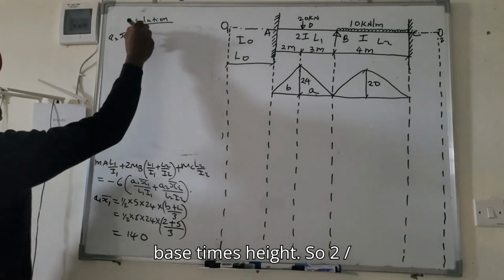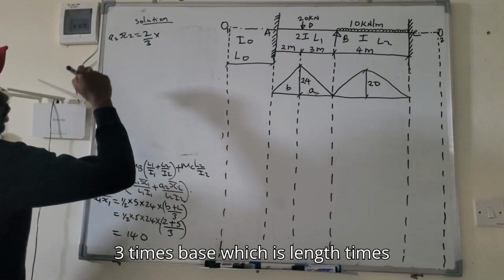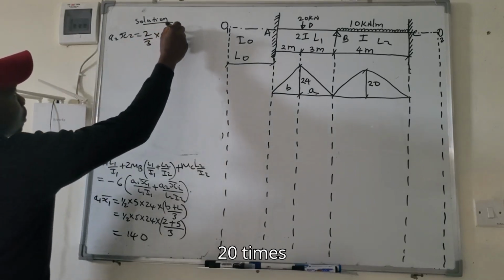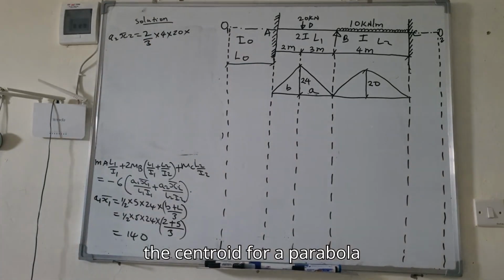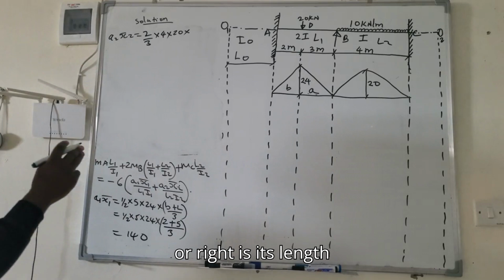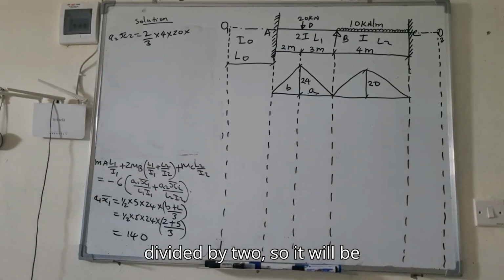So 2 over 3 times base, which is length, 4, times h, which is 20, times the centroid for a parabola, either from left or right, is its length divided by 2.